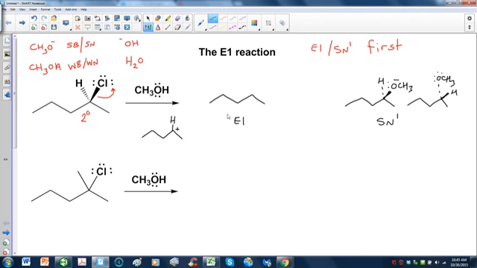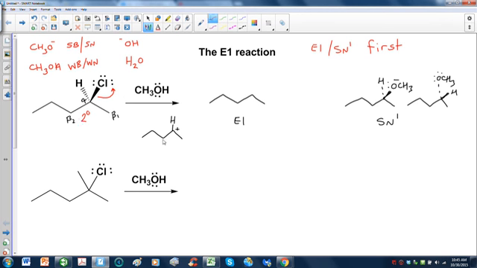So for the E1 reaction though, let's just take a minute to think about that. Based on watching my previous video, you'll know that that's the alpha carbon, and I got 2 beta carbons here. These 2 carbons are different. That's beta 1, we'll call that beta 2. So there's a hydrogen on the beta 1 carbon, a hydrogen on the beta 2. From what you guys have seen before, which hydrogen gets removed? Is it the one from beta 1 or from beta 2?